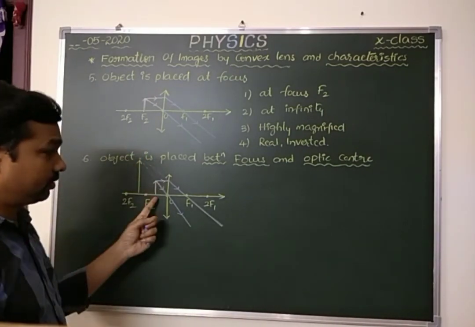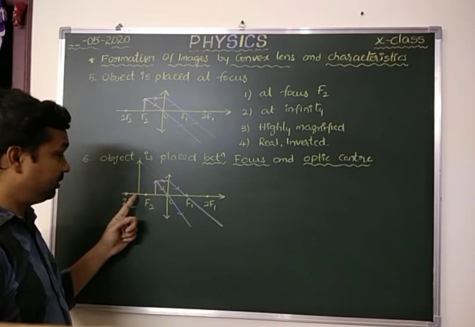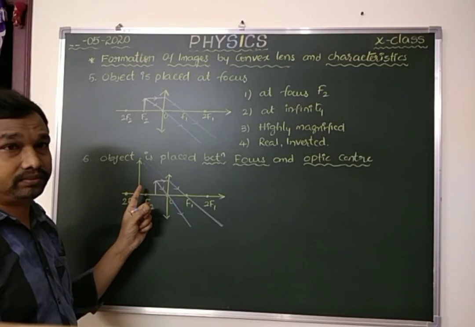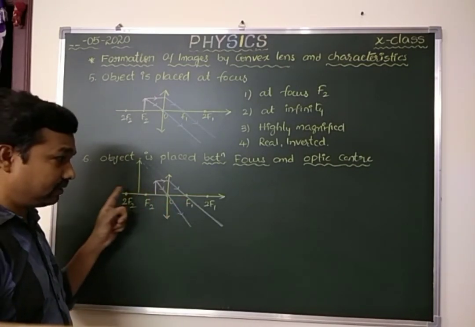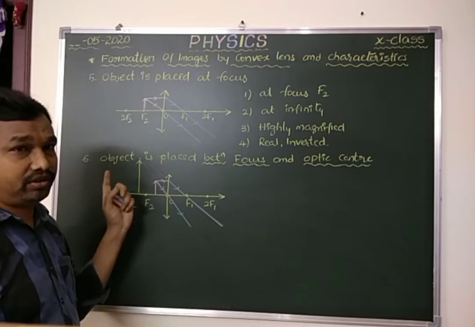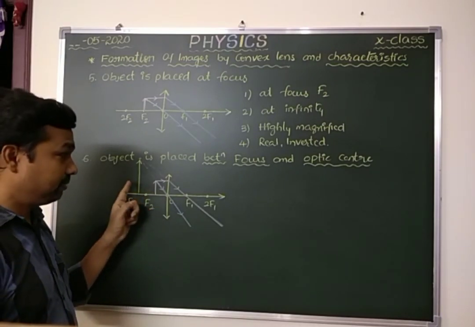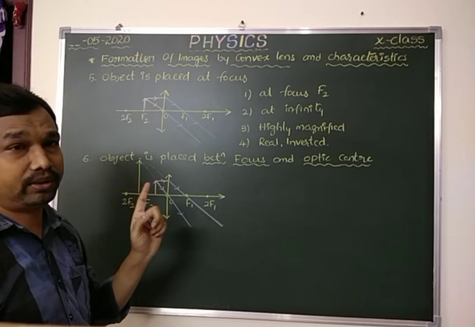Where is the object? Object is placed between focus and optic center. Where is the image? We are getting the image on the same side as the object. No need of considering this other position. If you take the distances differently, you can find the image at different positions, but you need to identify one point: the image is forming on the same side of the lens. That we need to understand.